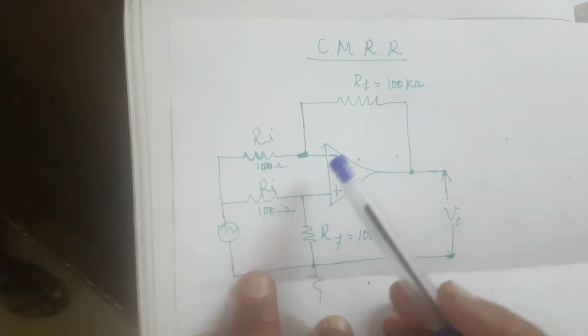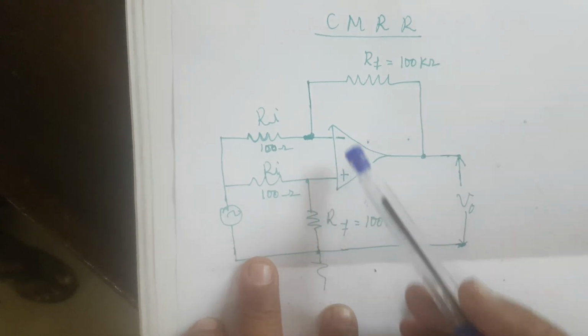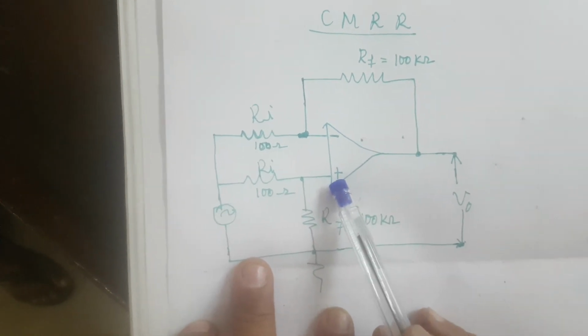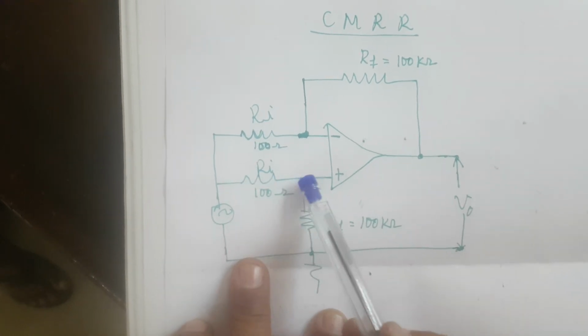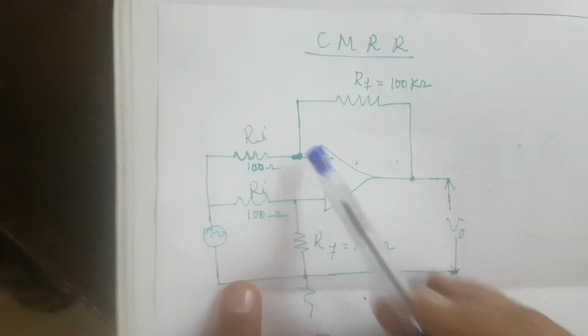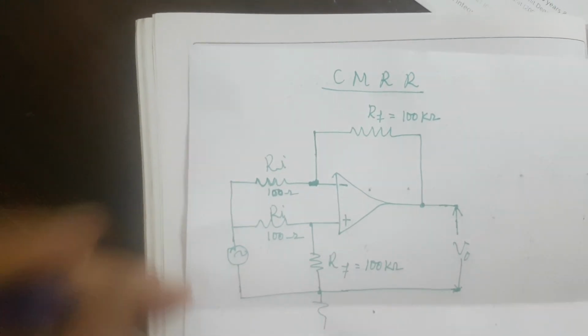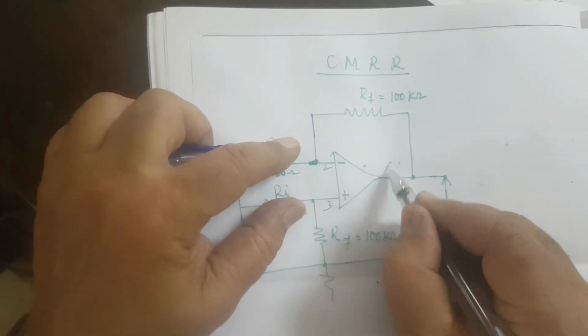Here I have the two input terminals, the inverting and non-inverting terminals. Identical resistors Ri equal to 100 ohms are connected. Rf equal to 100K is connected between pin number 2 and 6. This is pin number 2, pin number 3, pin number 6.